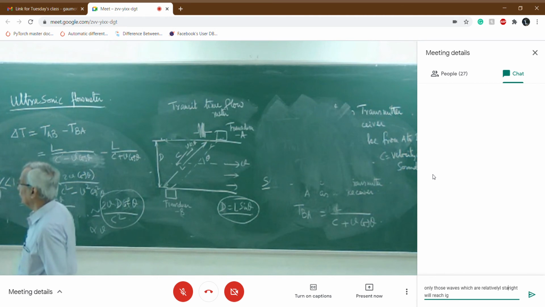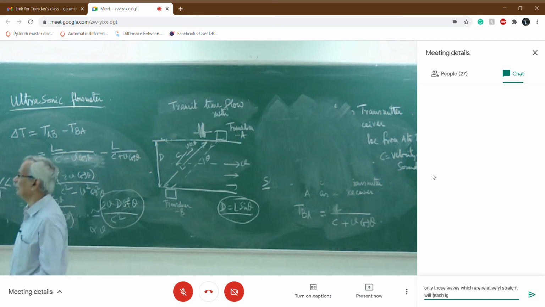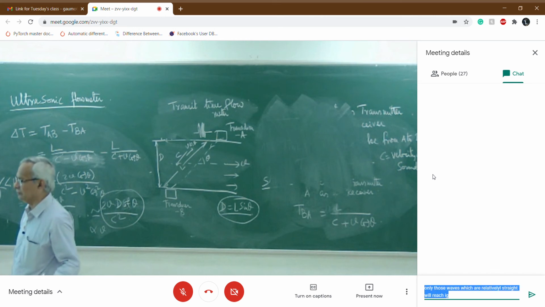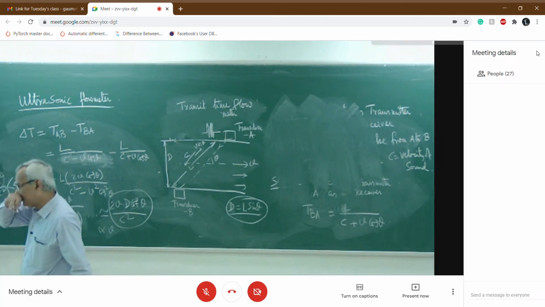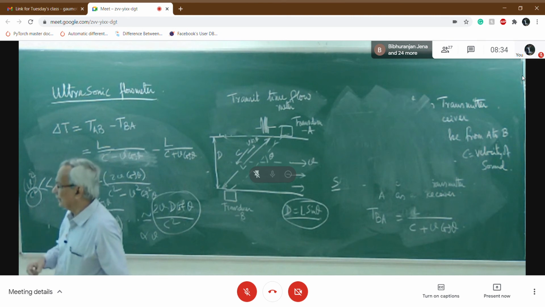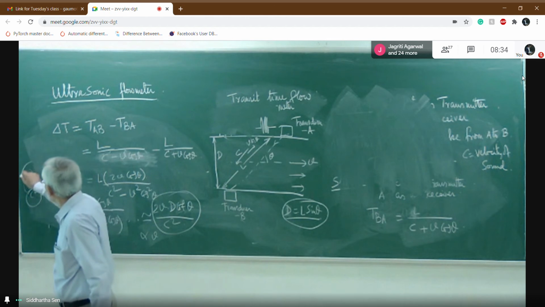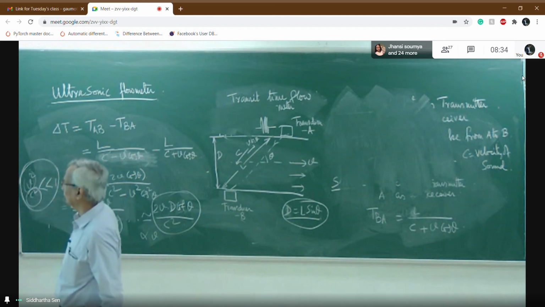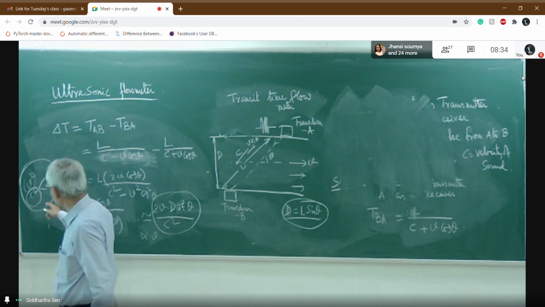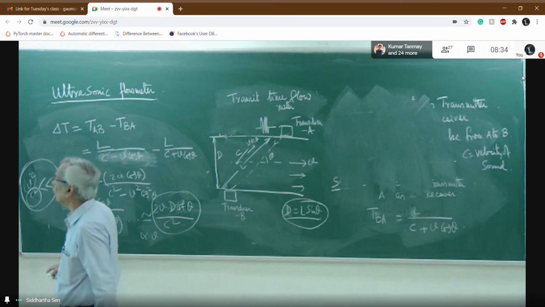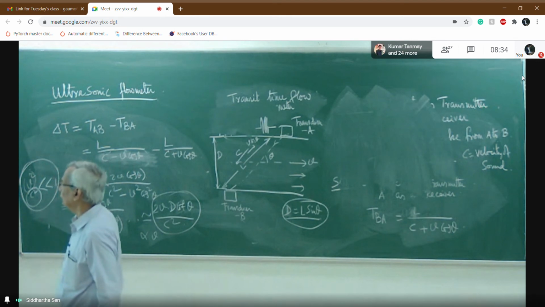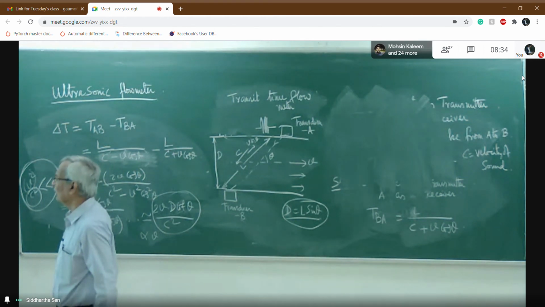As I told you, 300 meter per second, and V is maybe hardly 1 meter per second. You are right in pointing this out. The boat is traveling and the wind is blowing, but that can be neglected here, because we are already taking it into consideration. We are assuming it is very low, but in the boat case, the boat velocity and the wind velocity do not have much difference.